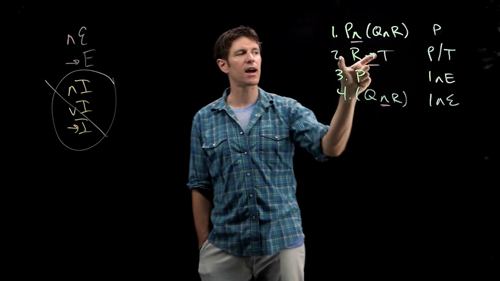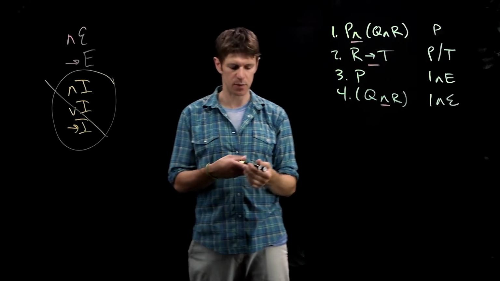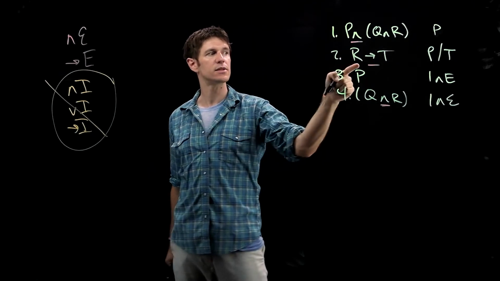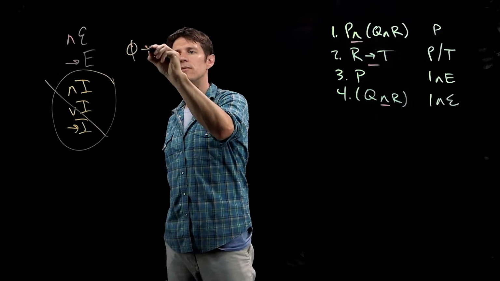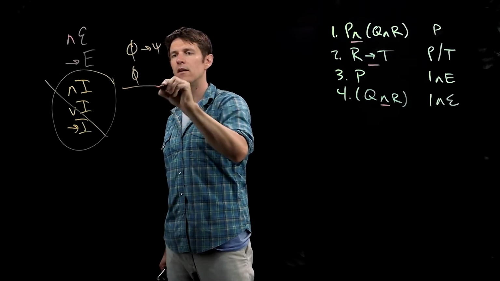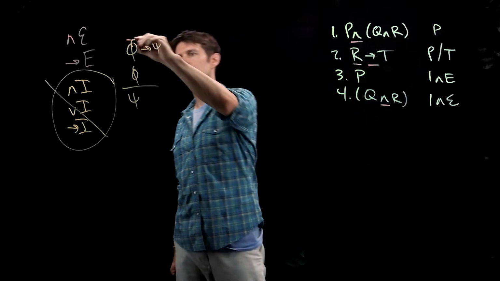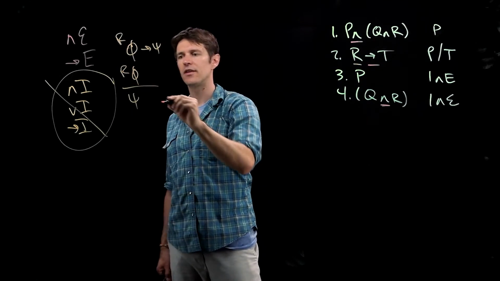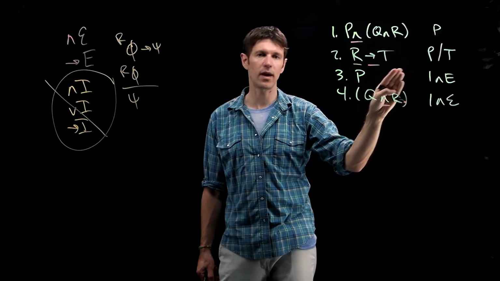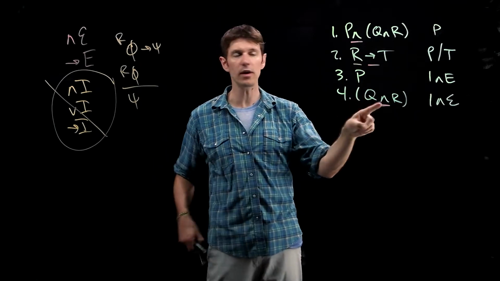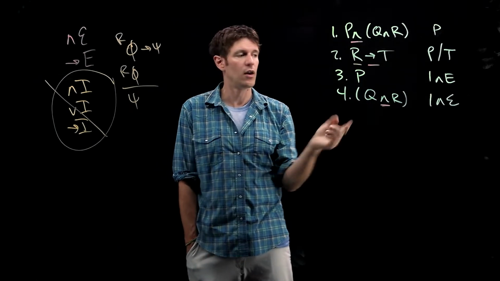ourselves, well, I cannot actually use this rule, at least at this point. The reason I can't use this rule is because the rule has this form. And so in our case, we would need R all by itself in order to reason to the right-hand side. But we also have another formula in the proof that is a conjunction.